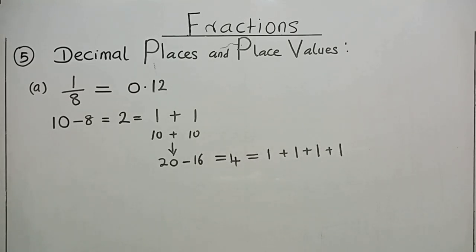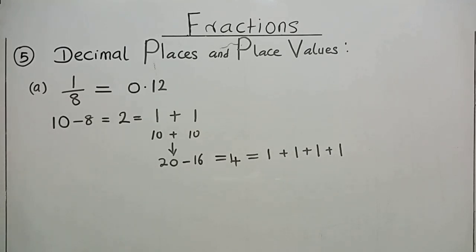What happens next? Each of these 4 portions will again be broken into how many? 10. Break this into 10 and let the 8 persons share. Break this into 10 again. The same thing will happen. This into 10 and this into 10. Please, let us mentally divide this 1, this 1, this 1, this 1, each into 10.